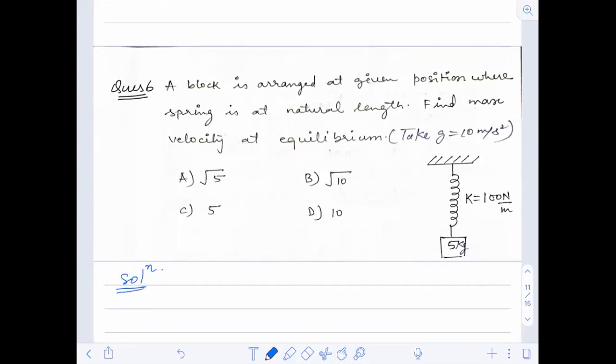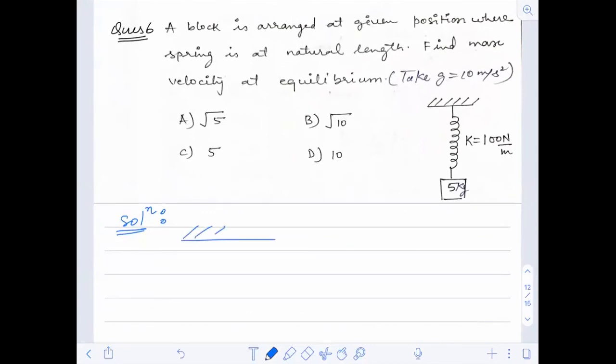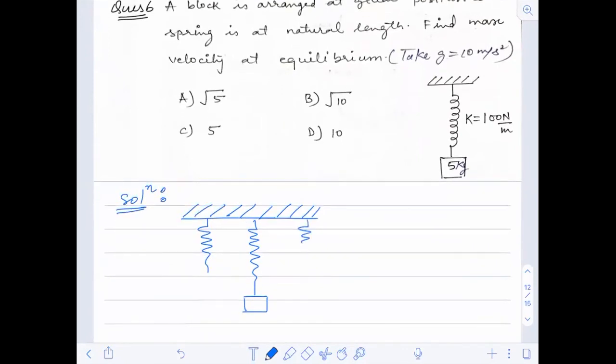suppose this is the natural length of the spring. I put a mass on it, so this will be the position, and this mass is actually moving up and down. So right now, the situation given to me is this. The equilibrium position is here, and the natural length of the spring is here.